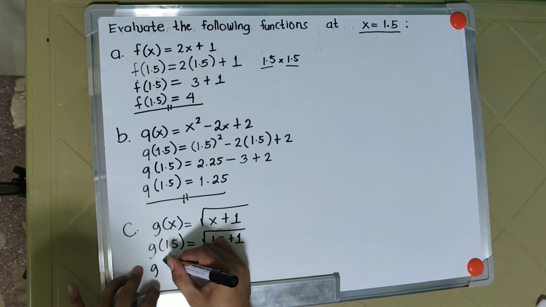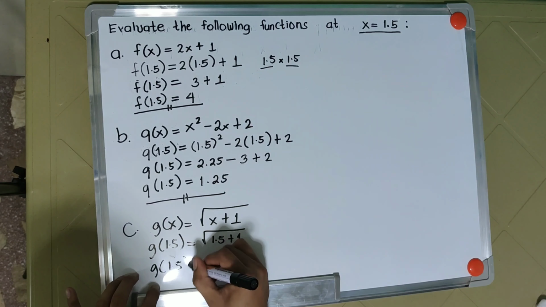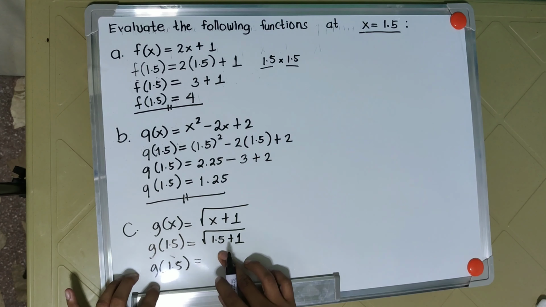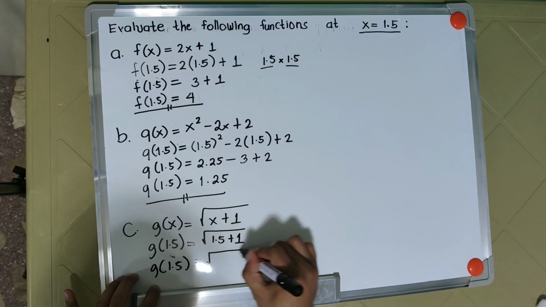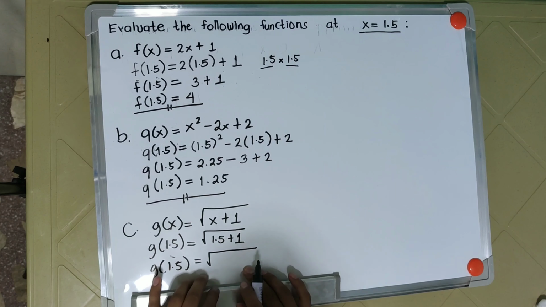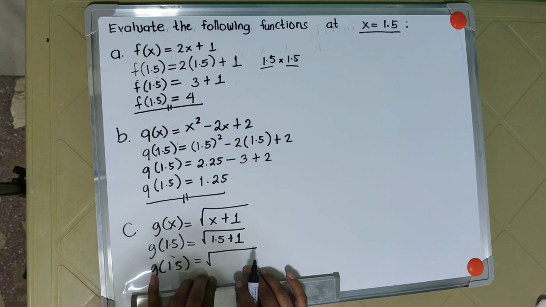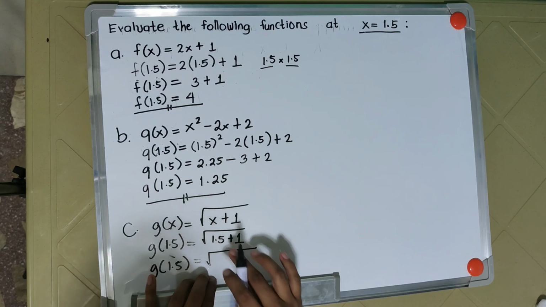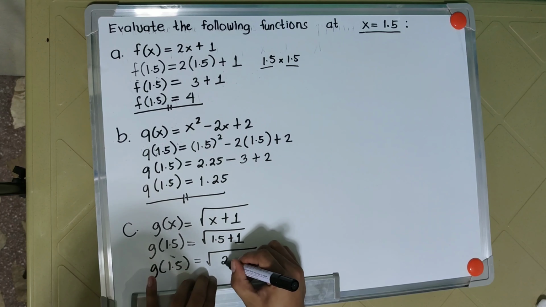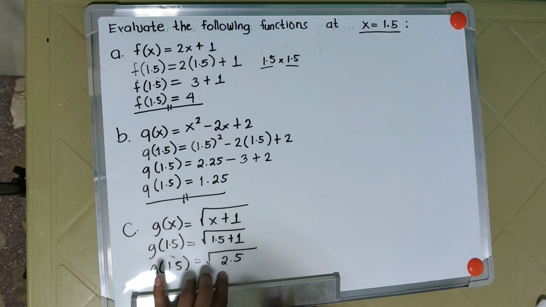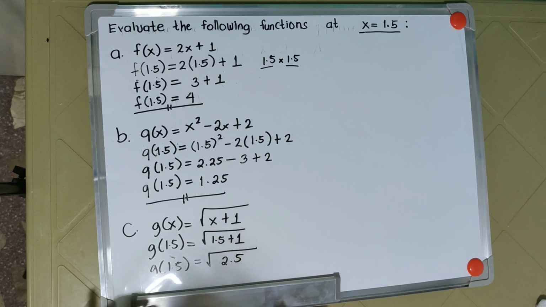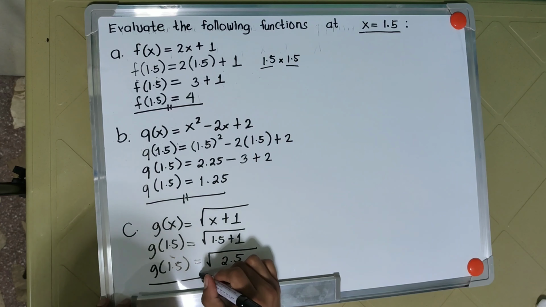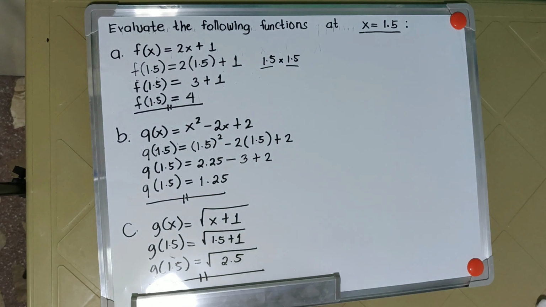Simply copy. Kapag nagamit, alis na. Kapag hindi pa nagamit, stay. 1.5 plus 1, that is 2.5. Question, is 2.5 a perfect square? No. So, stay as it is. So, therefore, our g of 1.5 is equal to square root of 2.5.